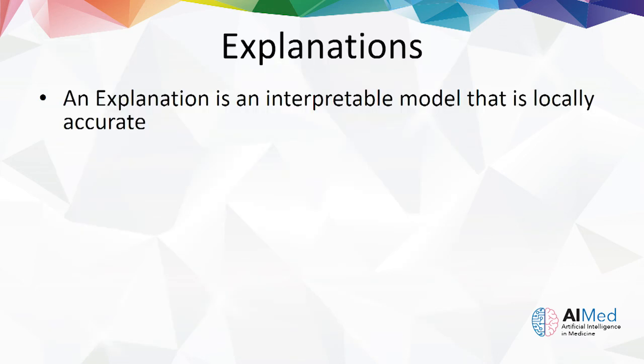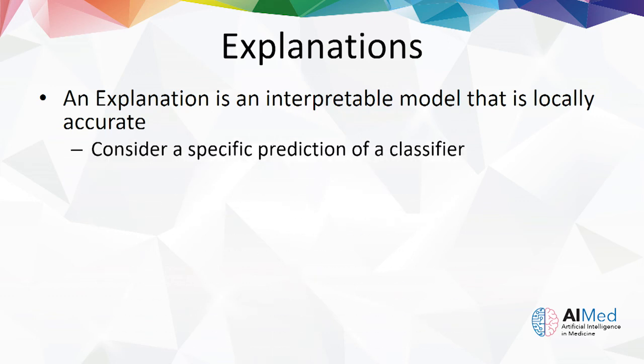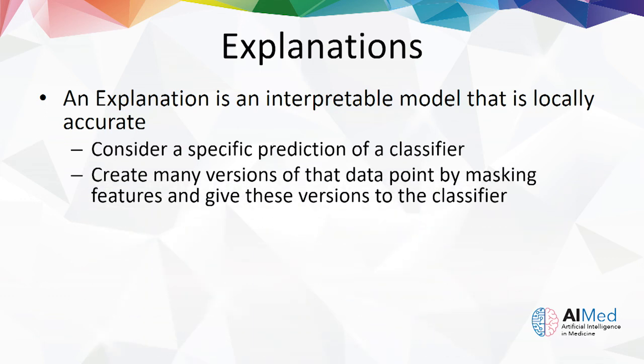So how does LIME work? It provides these explanations. An explanation is achieved by taking a specific prediction of a classifier and then looking at subsets of the data that classifier was given. In this case, subregions of the image. Doing this thousands and thousands of times and seeing which sections of the image showed up most frequently in its results.